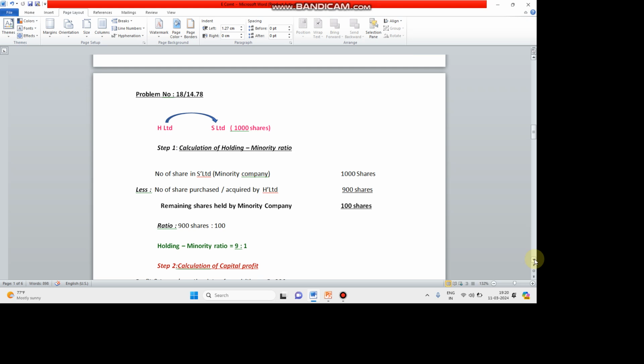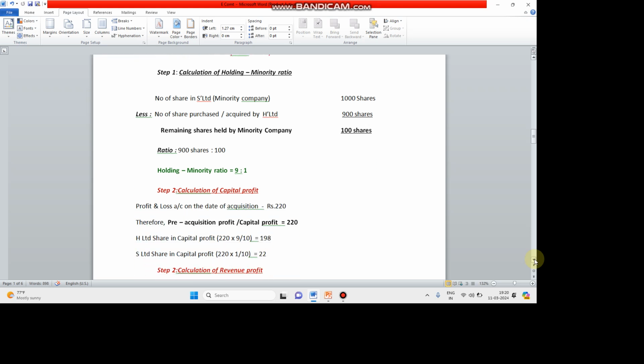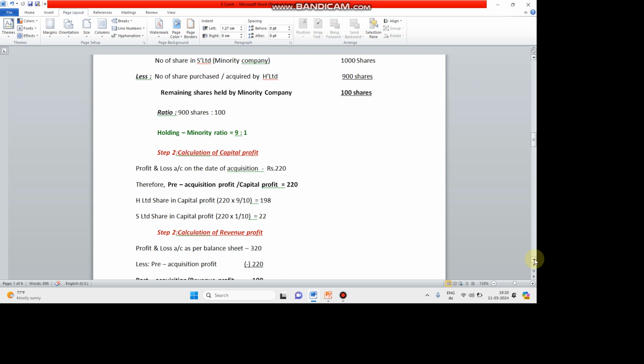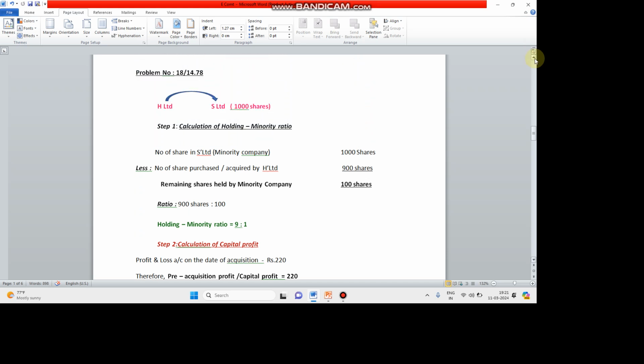Step number 2, calculation of capital profit. The capital profit is nothing but pre-acquisition profit. In this type of problem, the capital profit information will be given in the adjustments.